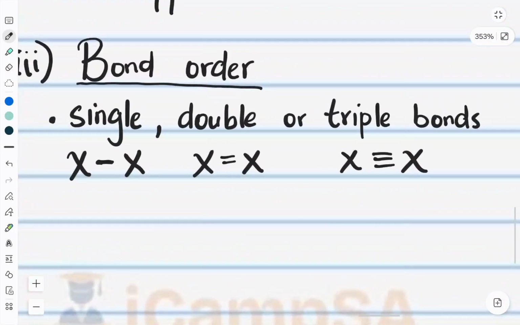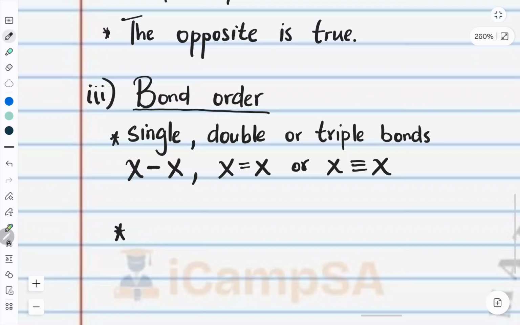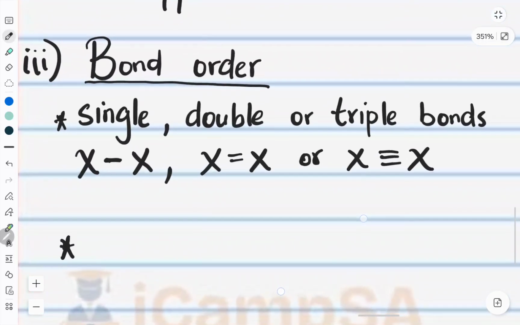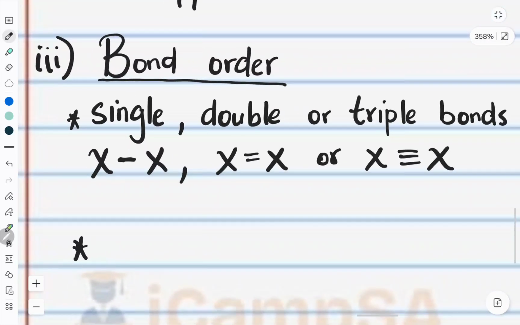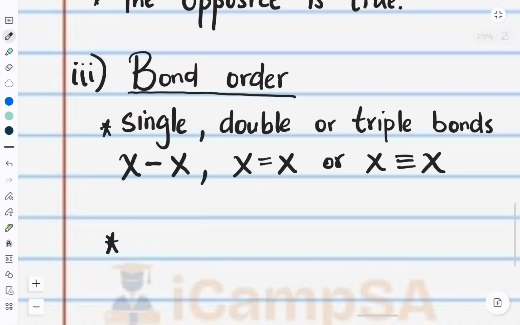So bond order, how does it affect bond strength? All right, so let's talk about bond order now. Like I've said, a bond order simply means: is it a single, is it a double, or is it a triple bond?